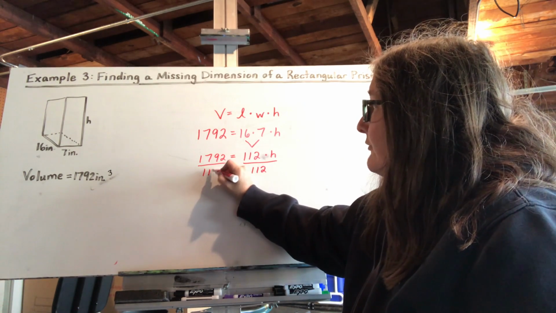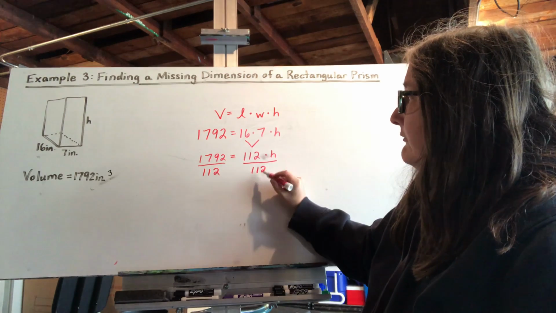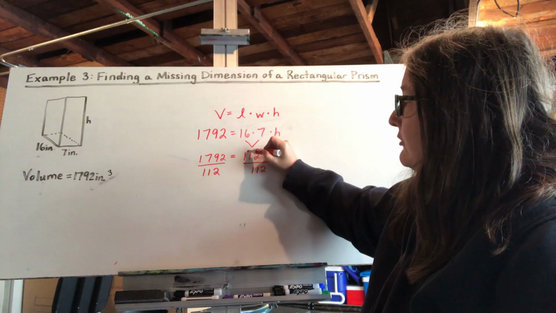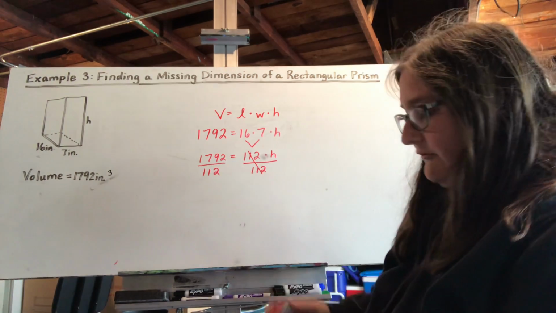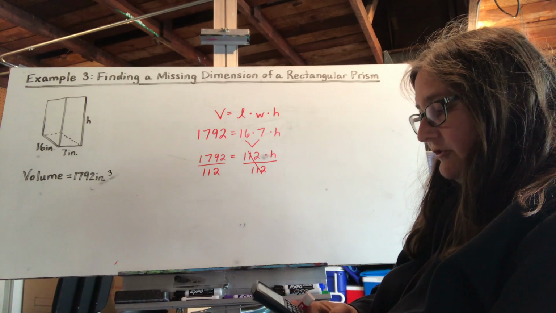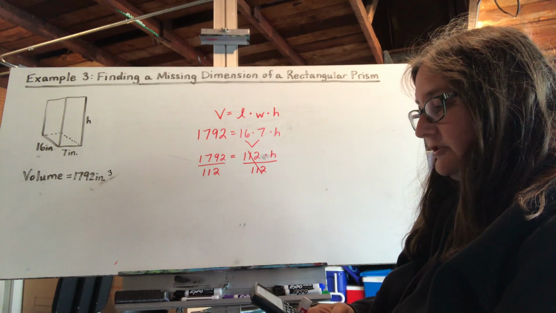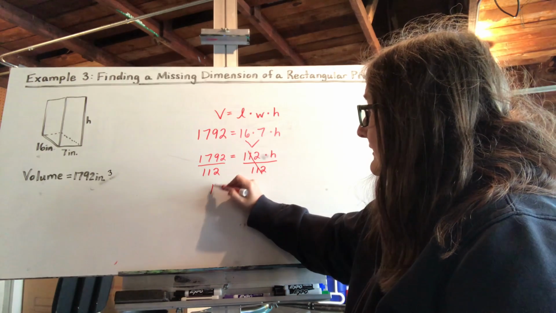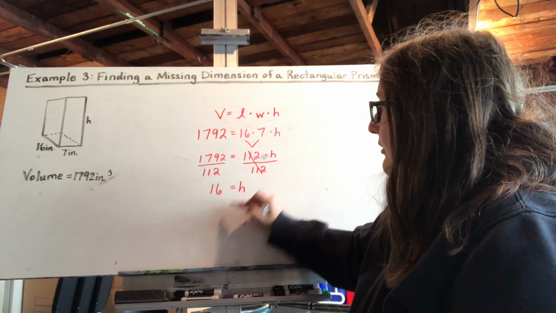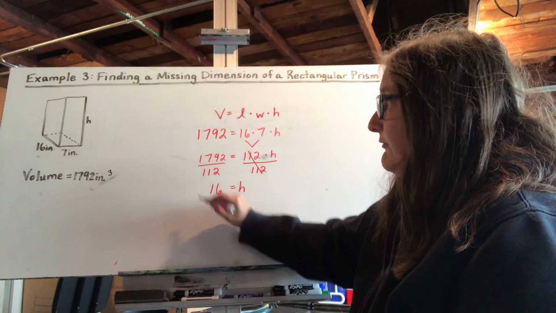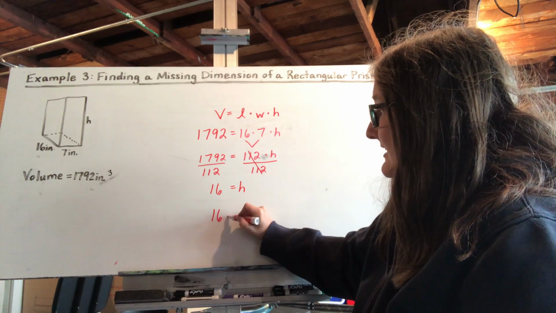That's the inverse of multiplying by 112. And multiplying and dividing by 112 cancel out. And over here, 1,792 divided by 112 gives me 16. So the height in this case for this shape is 16 inches.